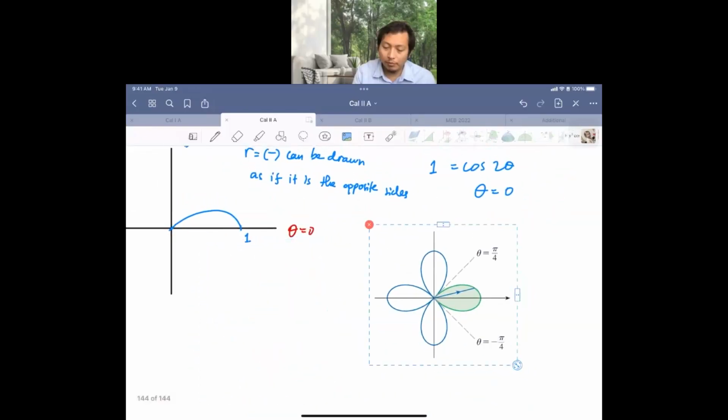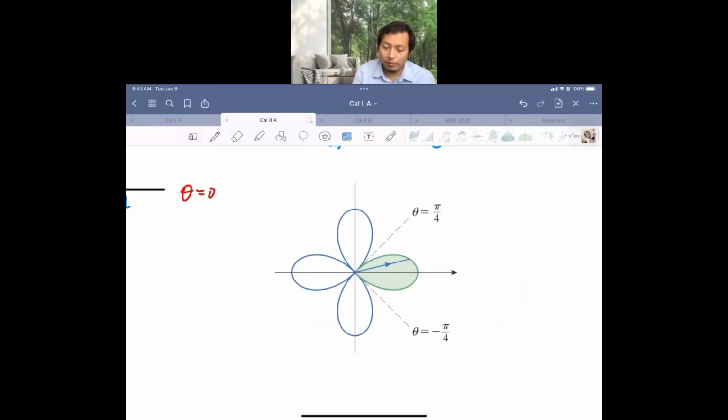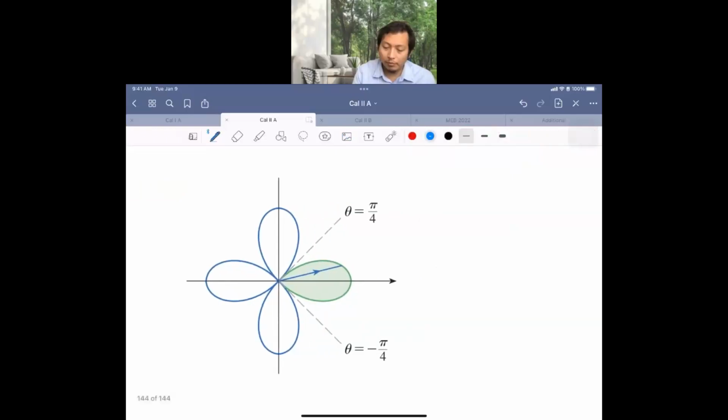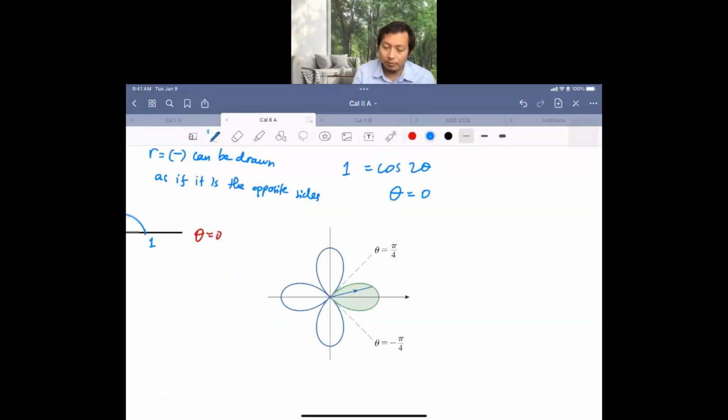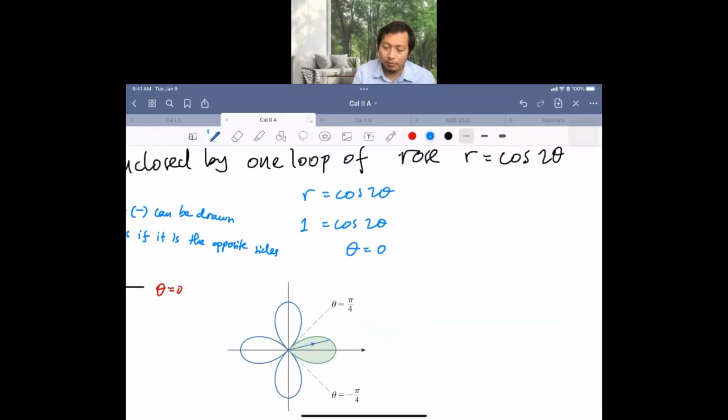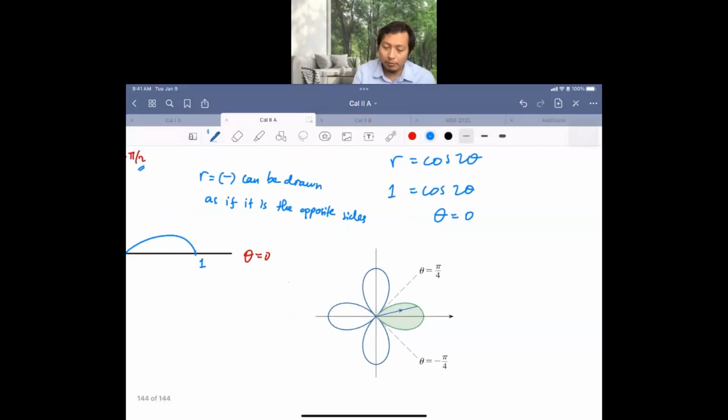So if we continue drawing the rose curve, we would get this 4 leaf. Okay, we would get this 4 leaf. And if we have cosine 2 theta equals 0, that means the theta will be pi over 4 and negative pi over 4.